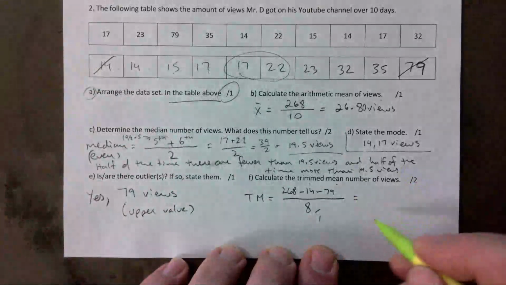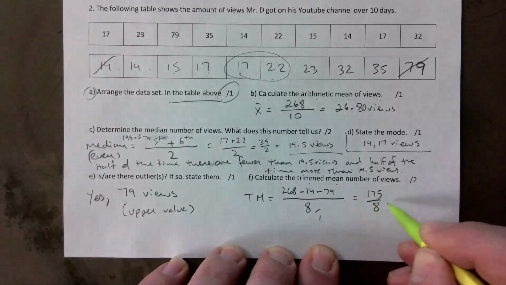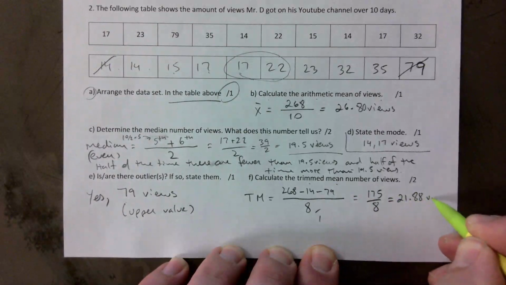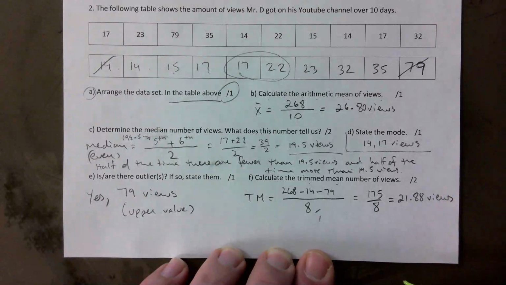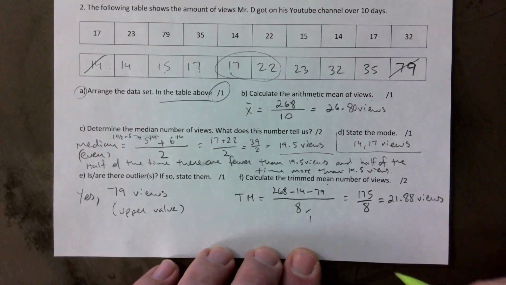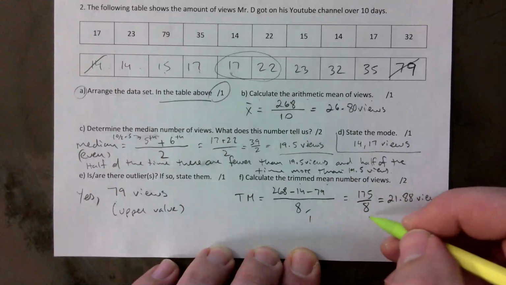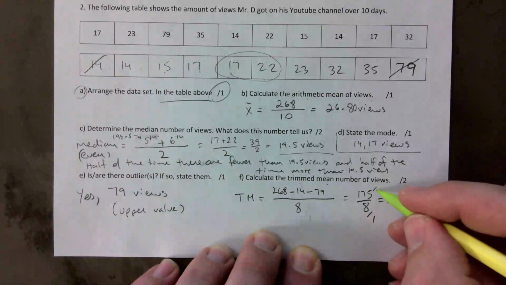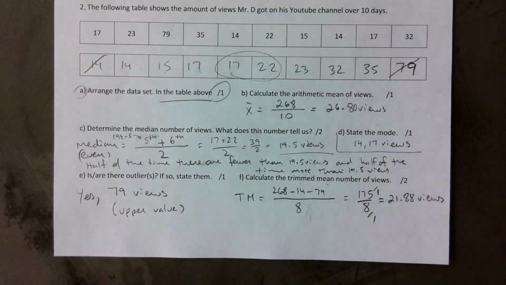And you get 175 over 8, which is 21.88 views. So I give you 1 for the 8 and 1 for the 175. And then obviously your final answer would have to be stated as well. Okay.